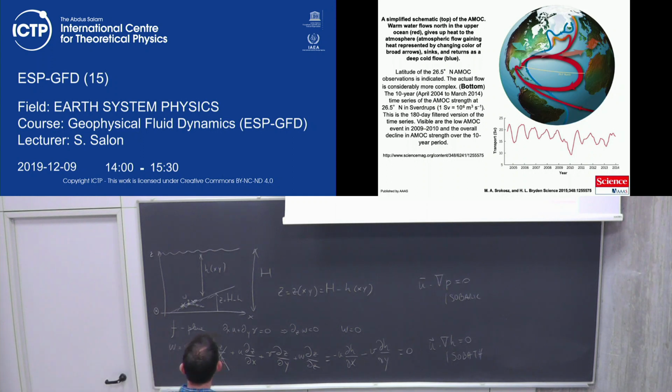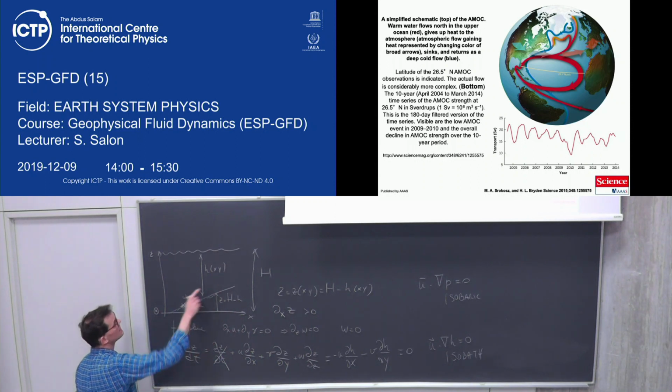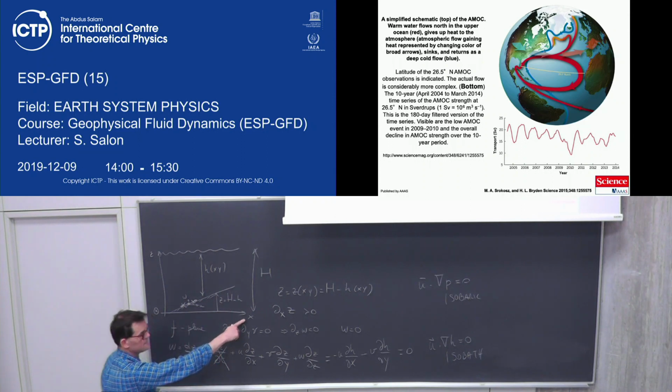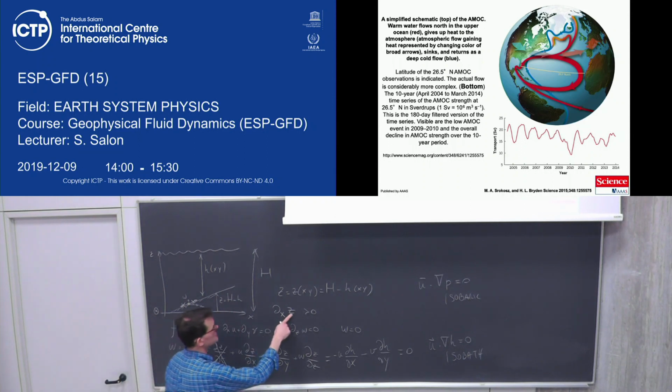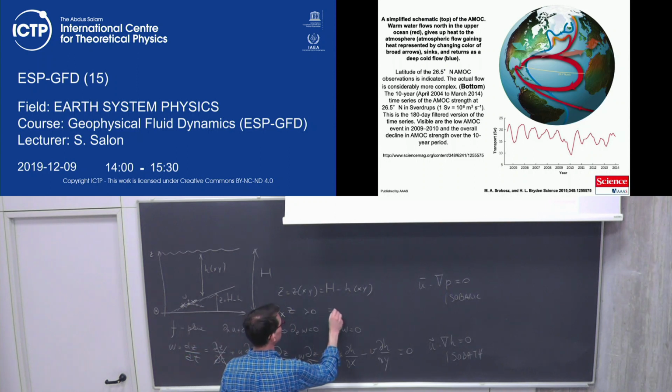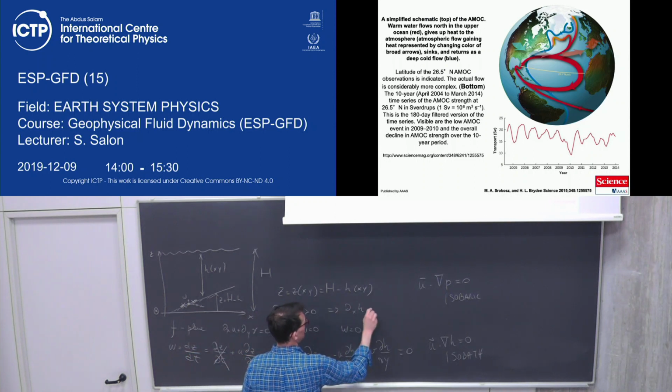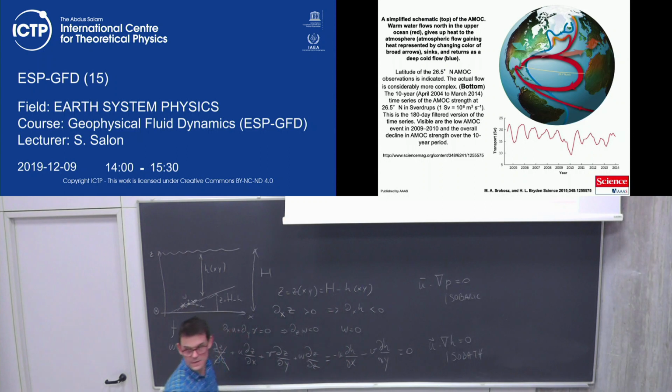So, in this case, for example, we have that the gradient of z is positive. Okay? Because z is increasing along x. So if this is positive, it means that the xh is negative, but it's because there is a minus.